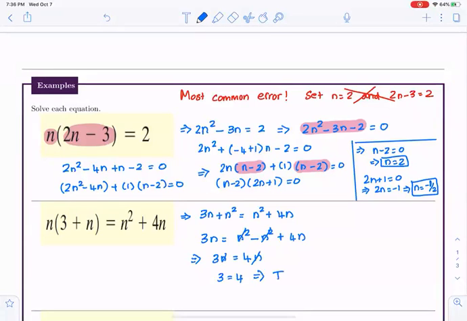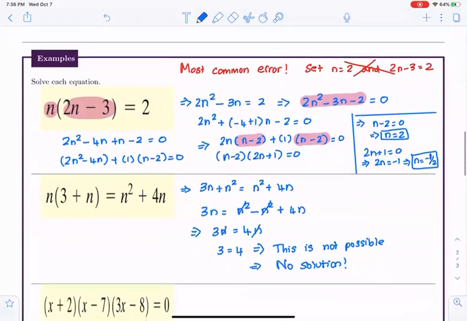This is not possible. That could mean only one thing. There is no solution to the given equation because the equation is not proper. So the answer to that question is no solution.